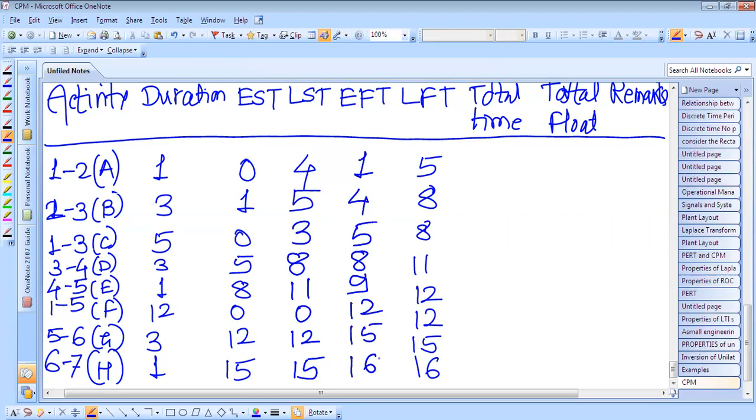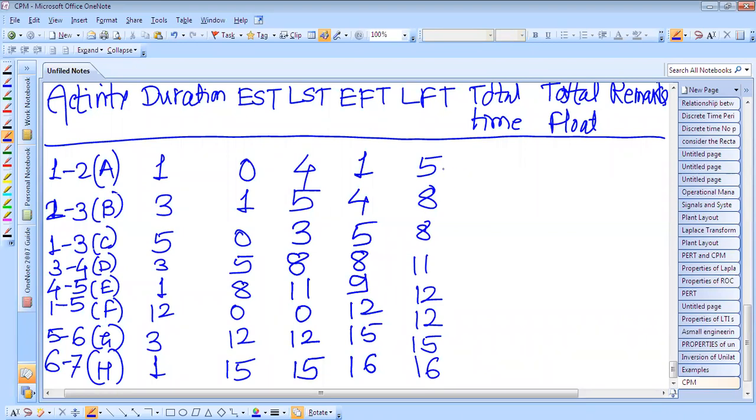Total time is the duration for that activity, how much time that activity has taken to complete. The total time is calculated by the LFT minus EST.